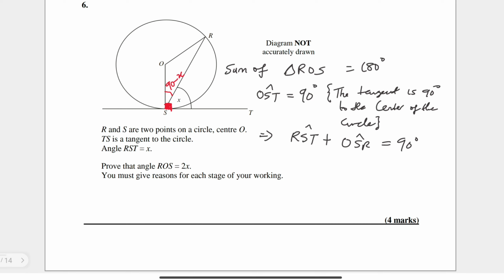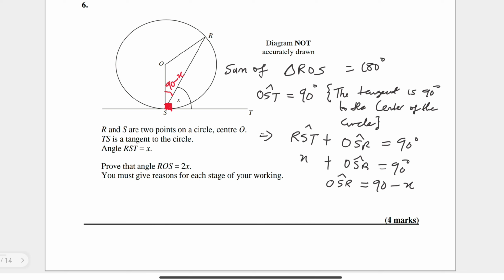And we know that RST is x, and OSR we don't know what that is, so that will make OSR equal to 90 minus x.